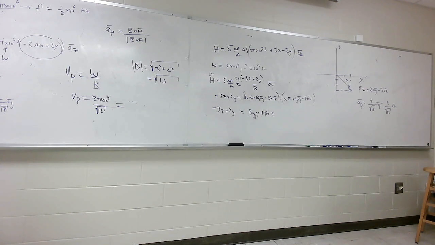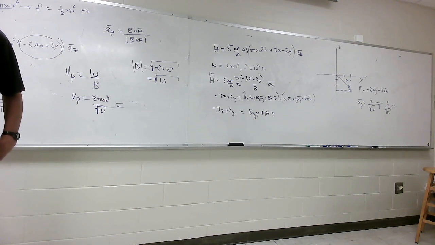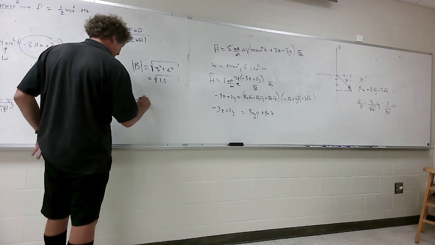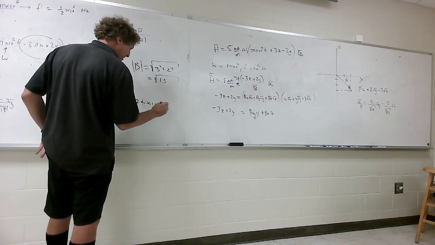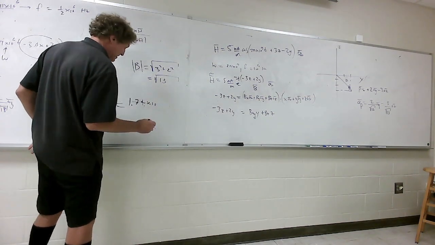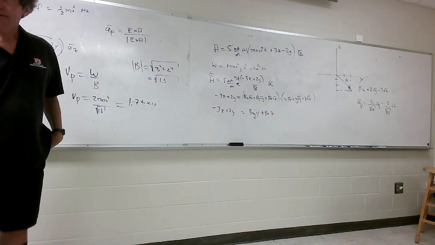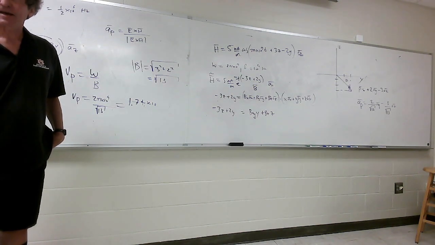It's going to be like 2.2. Let's see. It's 1.74 times 10 to the 9th.